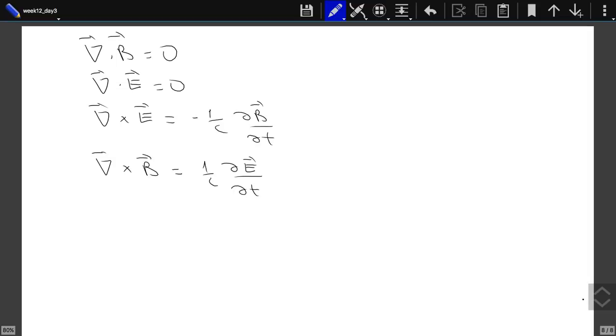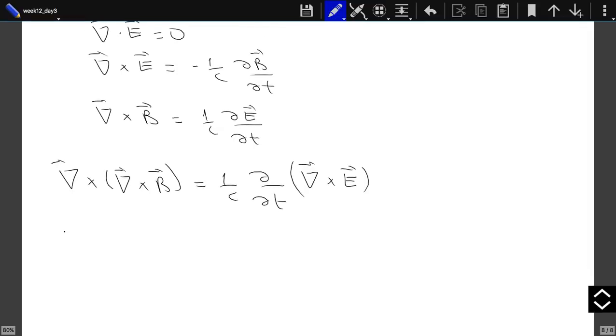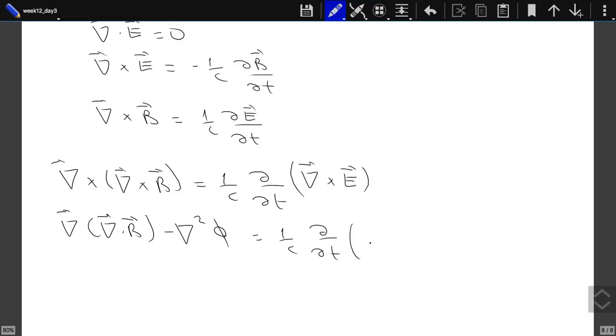Let's take its curl. Curl of B should be equal to 1 over c ∂/∂t of curl of E. Well, curl of curl of B is nothing but the gradient of divergence of B minus the Laplacian of B. This should be equal to 1 over c ∂/∂t. Curl of E is nothing but minus 1 over c ∂B/∂t.